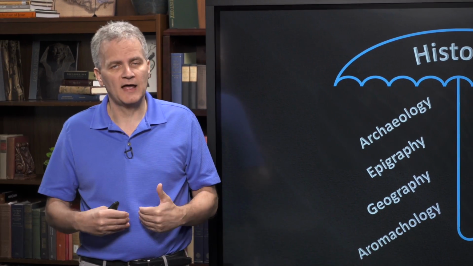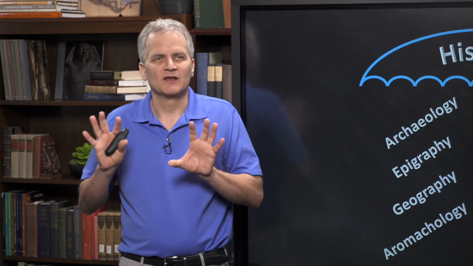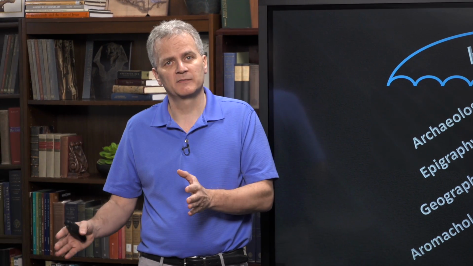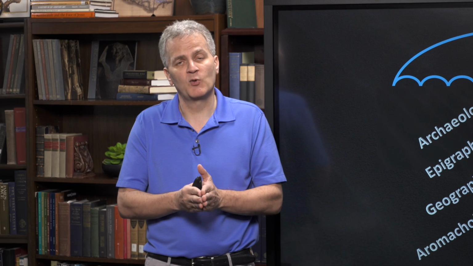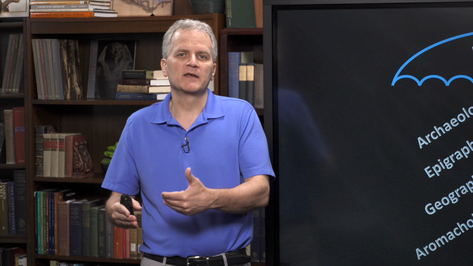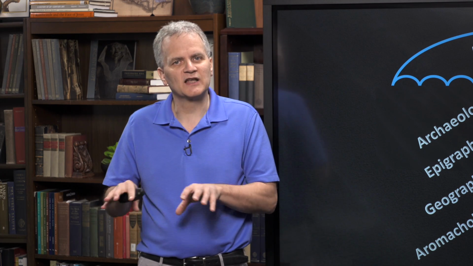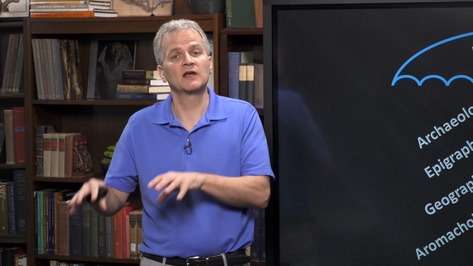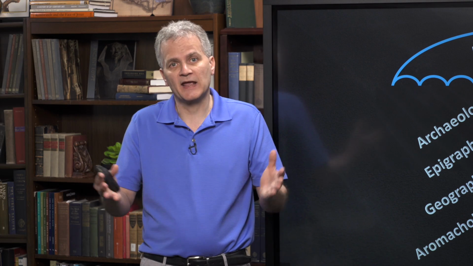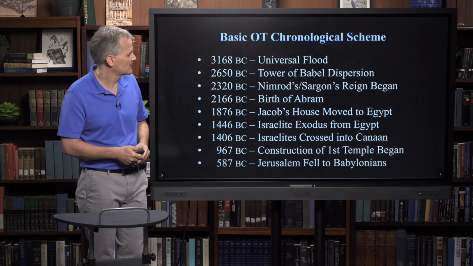What we're going to find out is that radiocarbon evidence is valuable and reliable as you go back in history from our time to a certain point, and that point is 1400 BC, which is roughly the time that Moses dies. Before that, the radiocarbon does not always match, in fact it always doesn't match, what we would know from archaeological and historical means to be able to date things with confidence. So let's look at the problem.